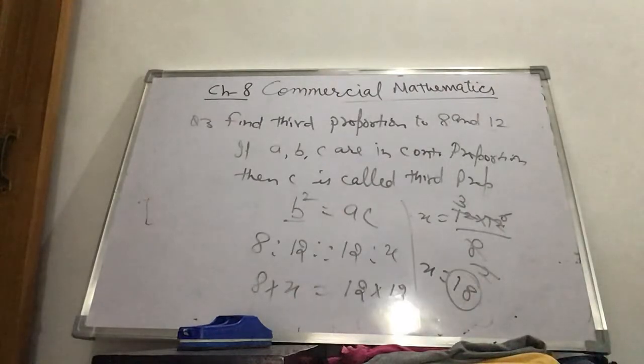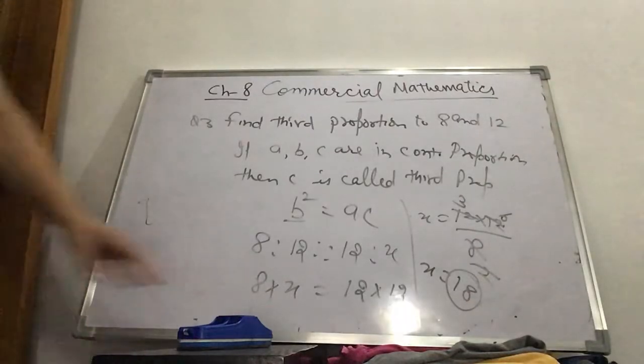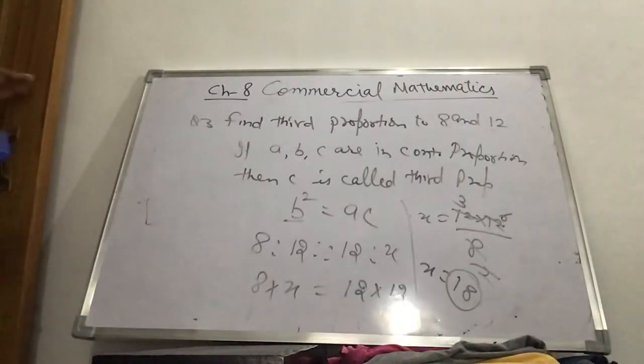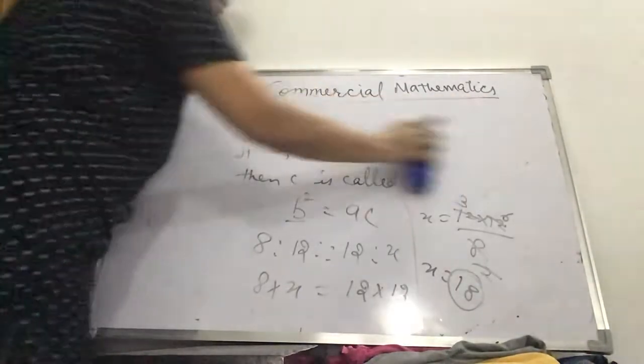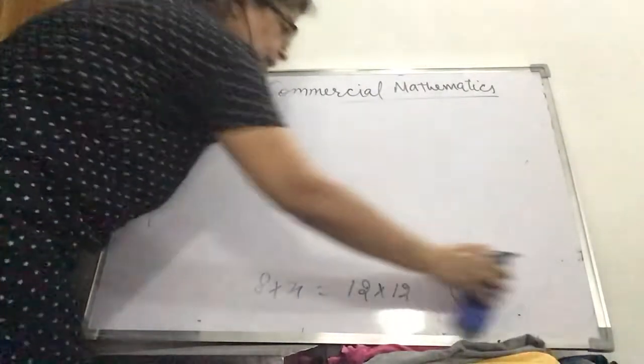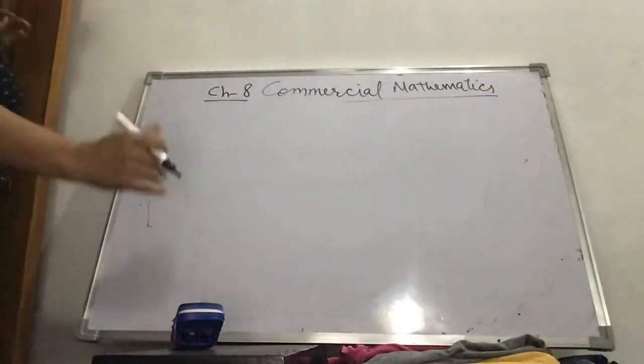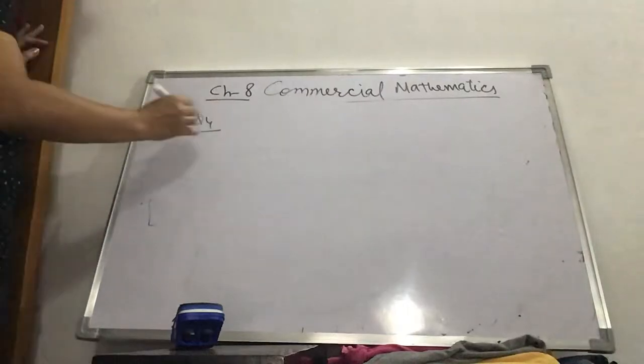Question number 4. Find the value of X if 6, 12 and X are in continued proportion. Same question. We are given that continued proportion, that means B square is equal to AC.